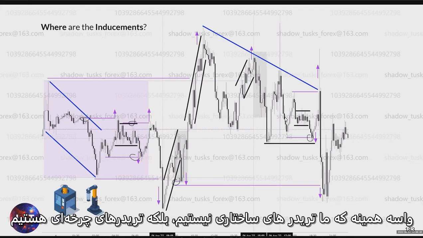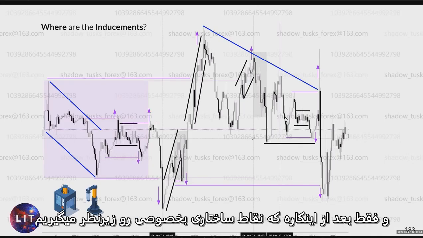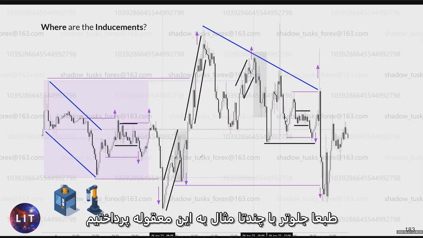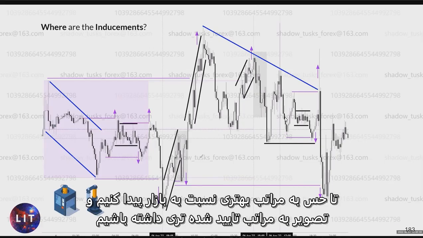That's why we're not structure traders, we're obviously cycle traders, and only after that we take a look at structure specific points. Obviously we digged into it already with a few examples to get a way better feeling for the market and a way more confirmed picture, right?